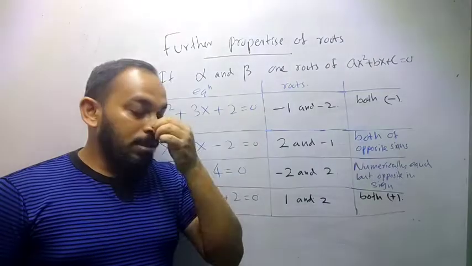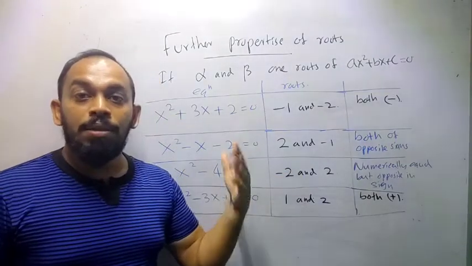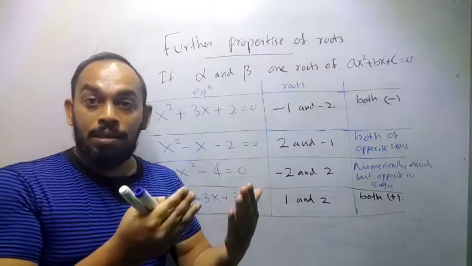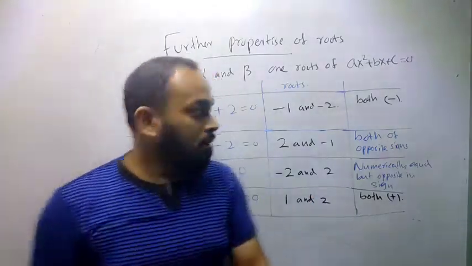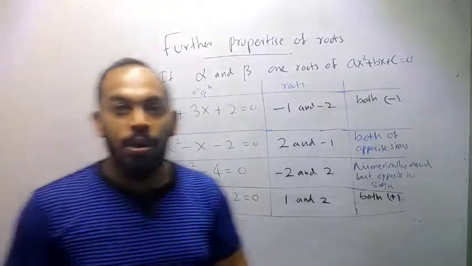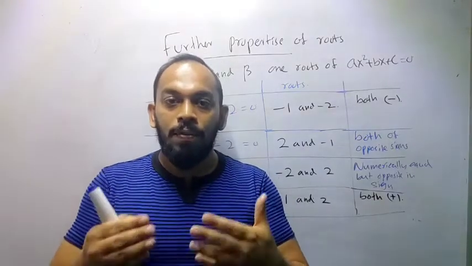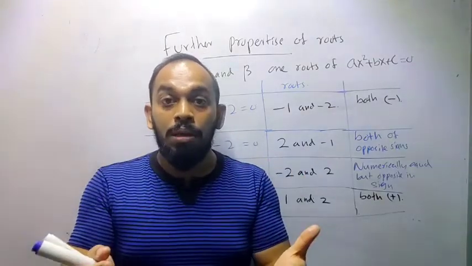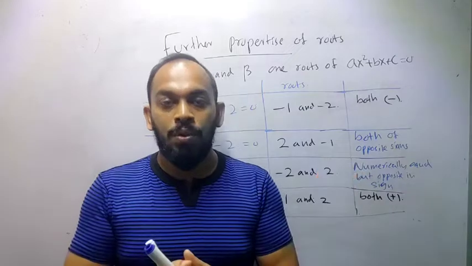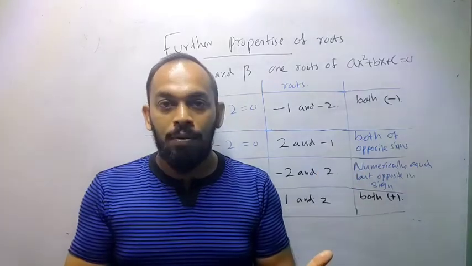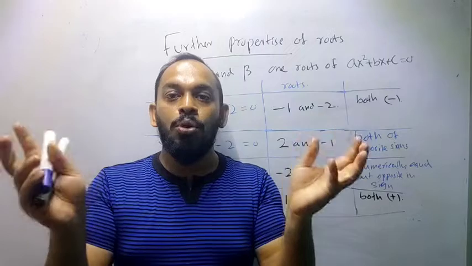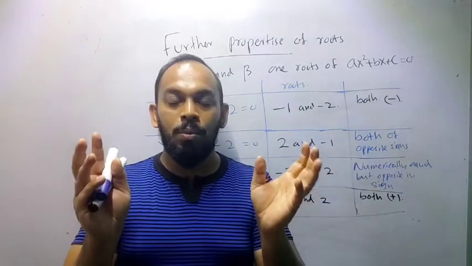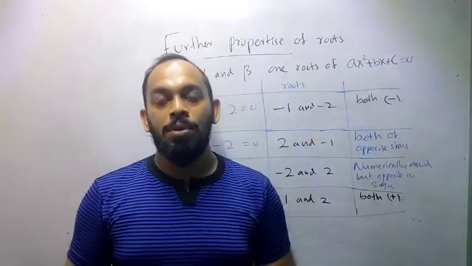Now we're going to check whether there is a relation. That means, can we predict what the nature would be like? Just looking at this quadratic equation, can we predict whether both roots would be positive, or both would be negative, or one is positive and one is negative, or both roots are numerically equal and opposite in sign?